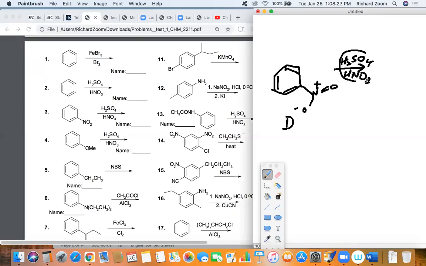What you'd have to know, based on what we had talked about, is that the electrophile from that is going to be NO2+. Now, the nature of this electrophile doesn't affect where it goes on the ring. The only thing that affects anything is what's already on the ring. So because this is deactivating, it's going to go to the meta position. So the product is going to be the meta product.